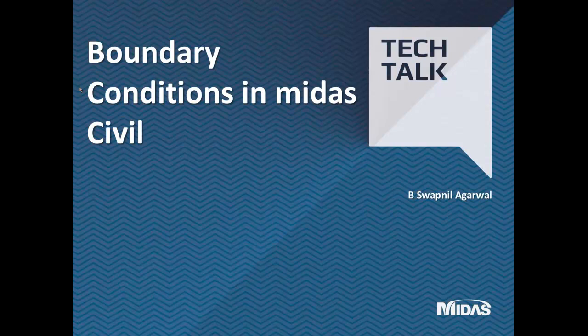Before moving forward with today's session, let me tell you the purpose and why there is a particular session on boundary conditions alone. As you know, in any model, after completing the modeling of your nodes and elements, your sections, material properties and boundary conditions play an important role in the behavior of your structure.